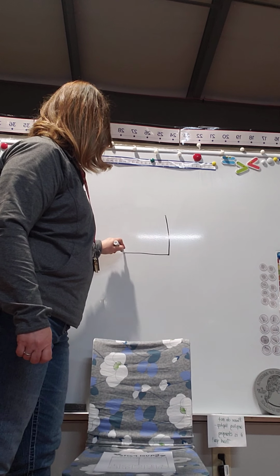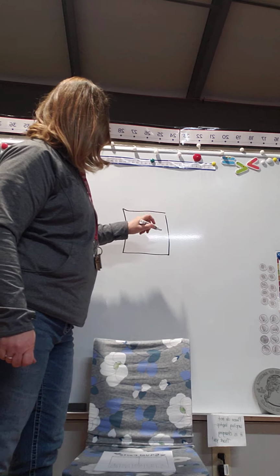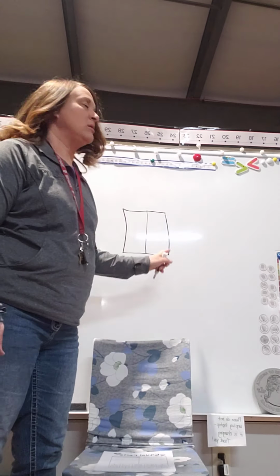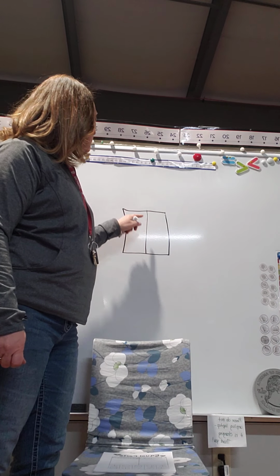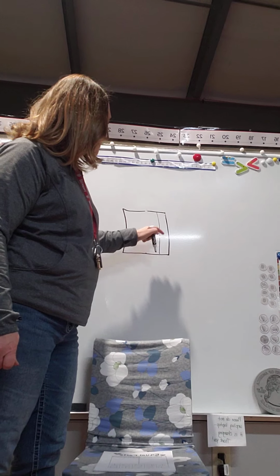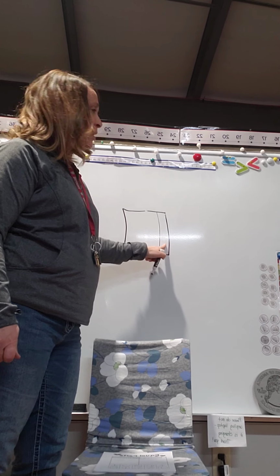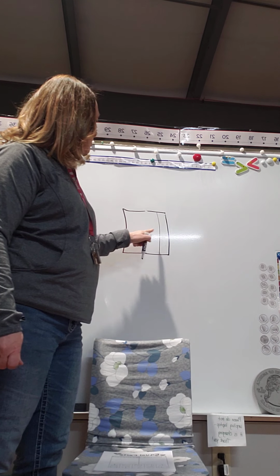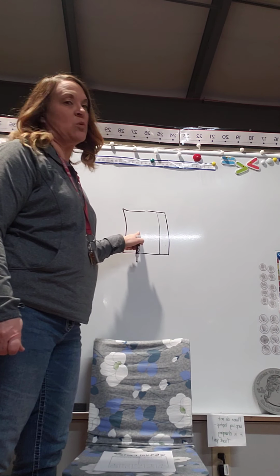We can take a square and we can divide it right down the middle. This one has equal parts. But if I move this line over to here, this part is way smaller than this part. This part is larger. So that is not equal.